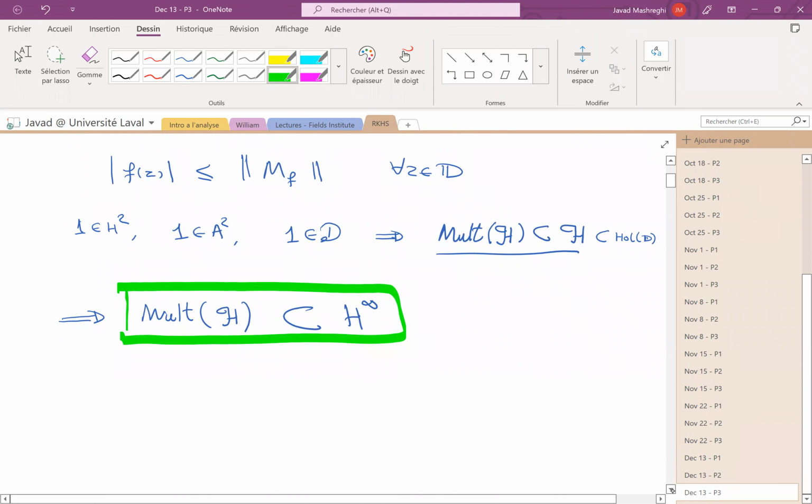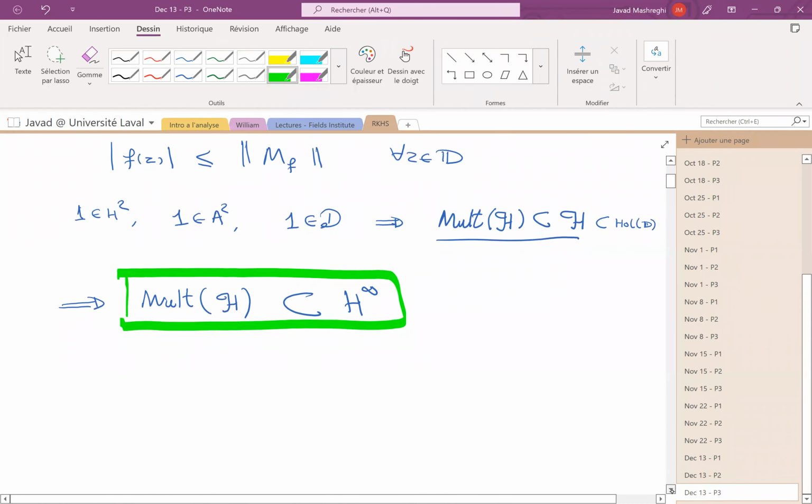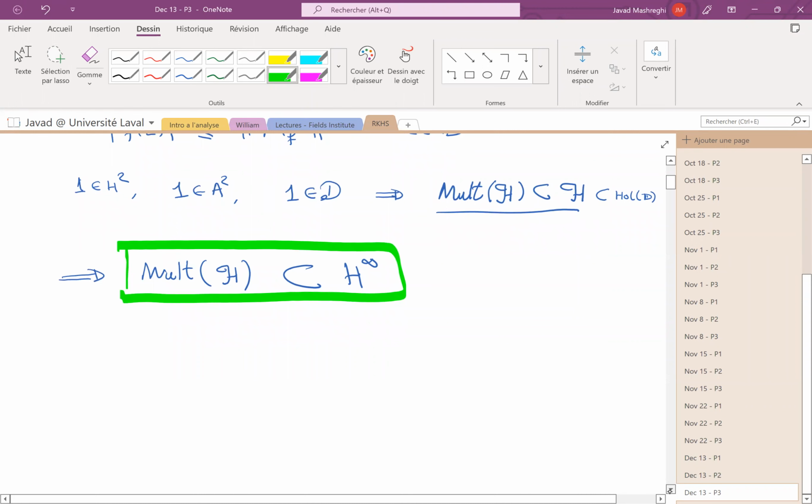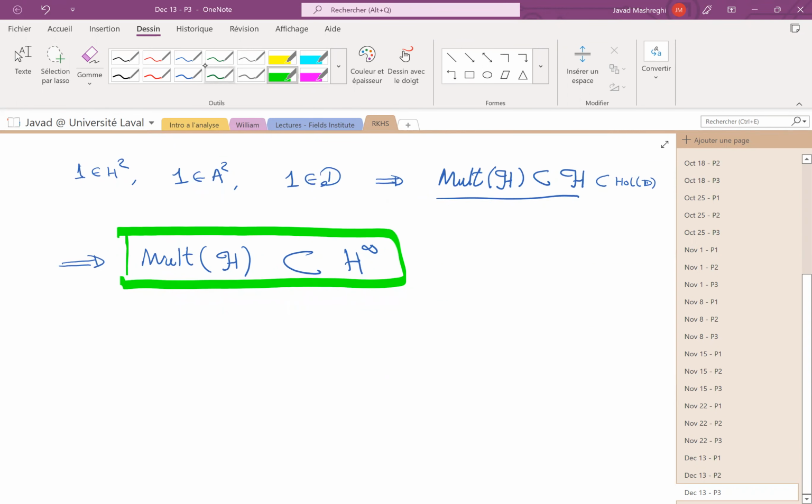So in each case, for the Hardy, for Dirichlet, and for the Bergman, they are bounded functions. Naturally, we ask, do we have equality? And this is a point where the type of the representation we consider is important.